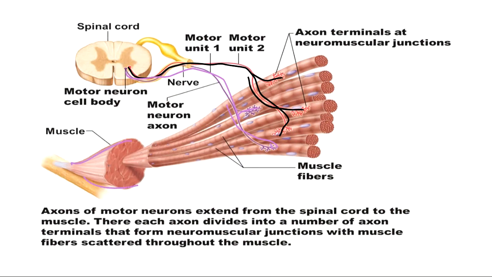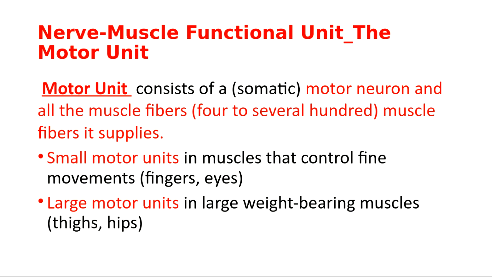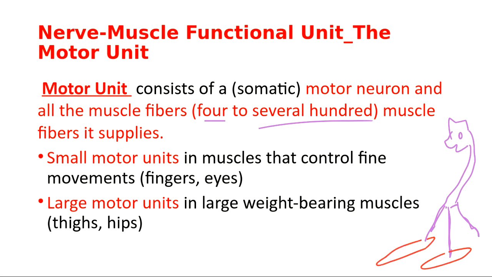Motor units can serve as few as 4 to several hundred muscle cells. So again, you have the somatic motor neuron, and all of the muscle cells that neuron innervates. That's a motor unit. Some motor units are large because the somatic motor neuron is in charge of hundreds of muscle cells.